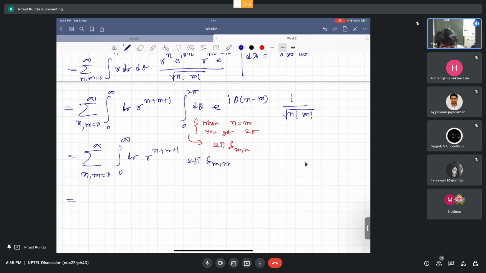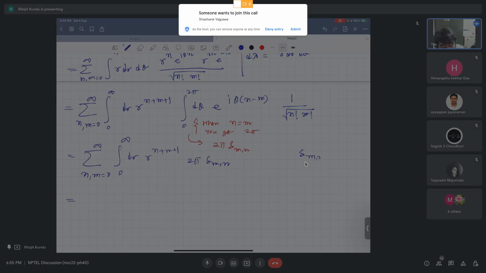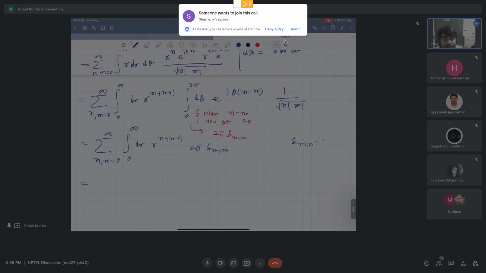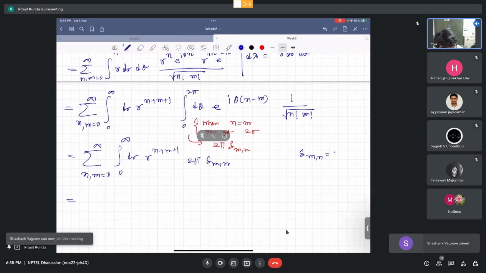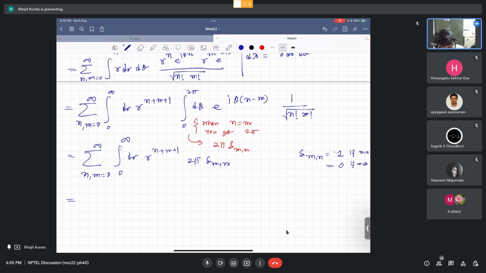Let me write the definition of the Kronecker delta so that this is absolutely clear. This is 1 if m is equal to n, and this is 0 if m is not equal to n. If you use this property, then you can actually sum over any one of the variables.